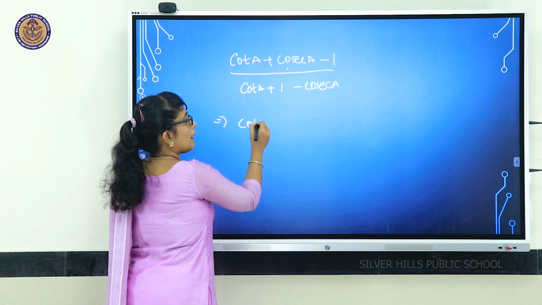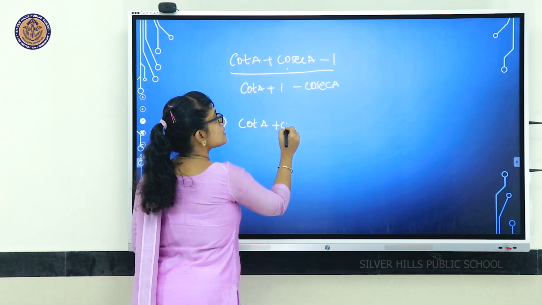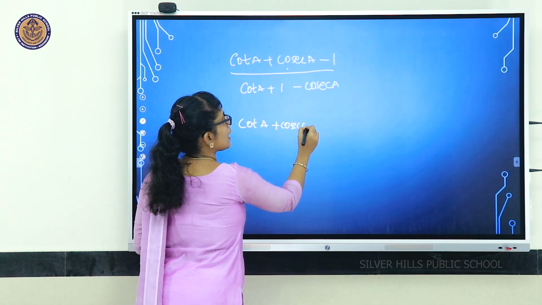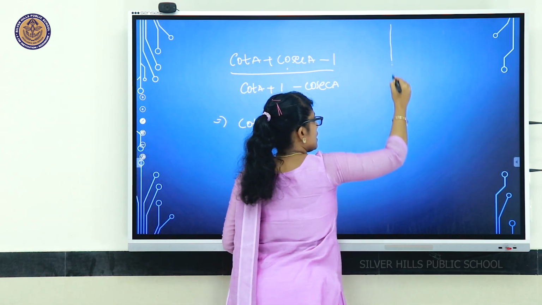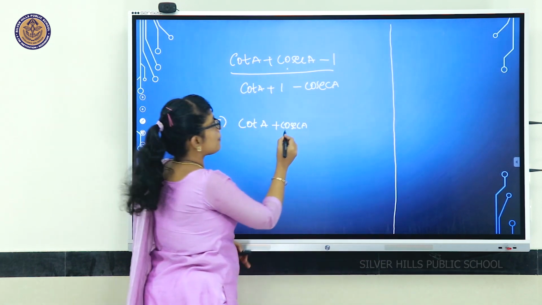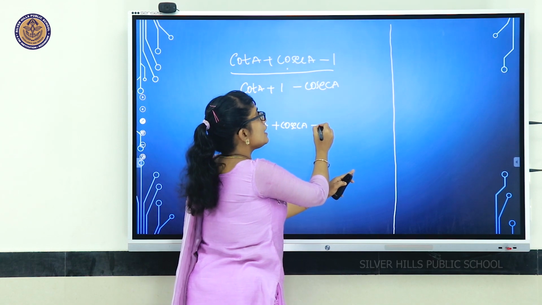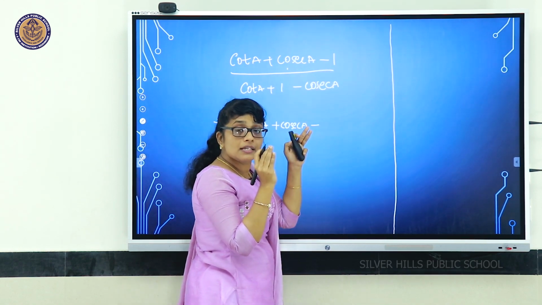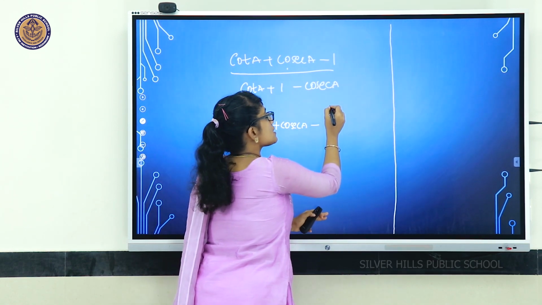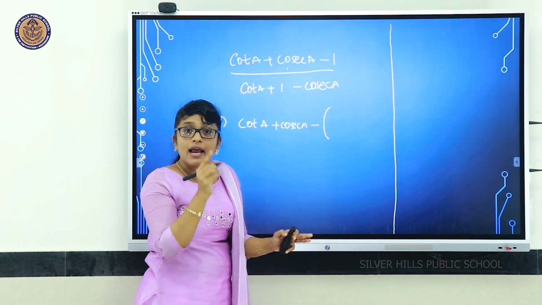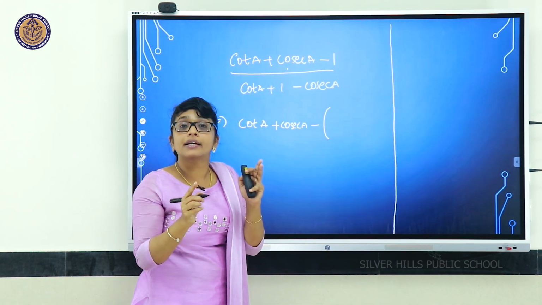Cot A plus cosec A minus 1. Instead of 1, you can write what?